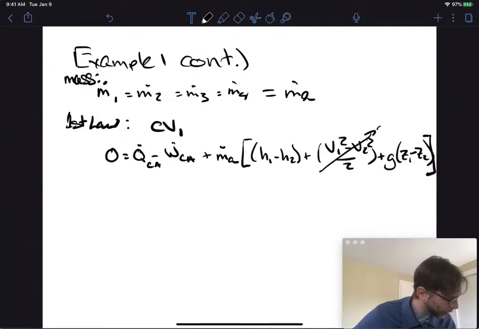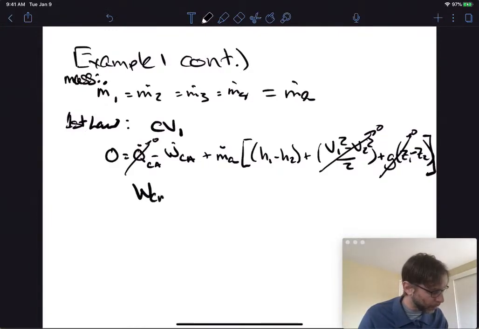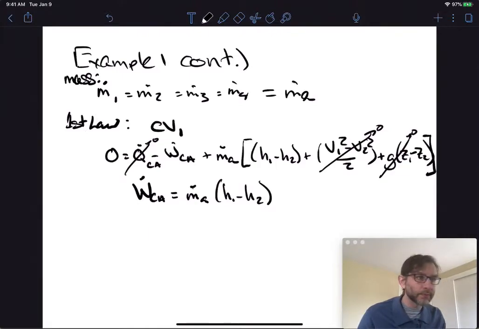These go away. We also said this was adiabatic, right? So then we have those things going away. All right, so then all we got to do is simplify the problem to something pretty simple. So work CA, or the power CA, is equal to m dot A times H1 minus H2. Right, so that's getting the compressor work for number 1.